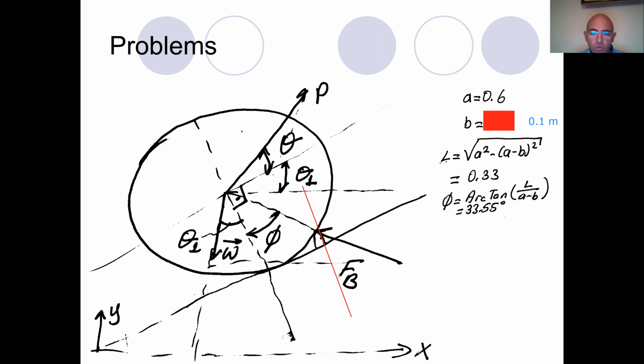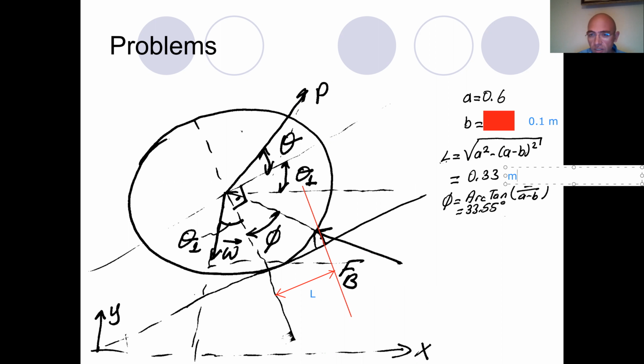Just think that these two lines are parallel. This is the L. Now I can calculate the L as 0.33 meters.